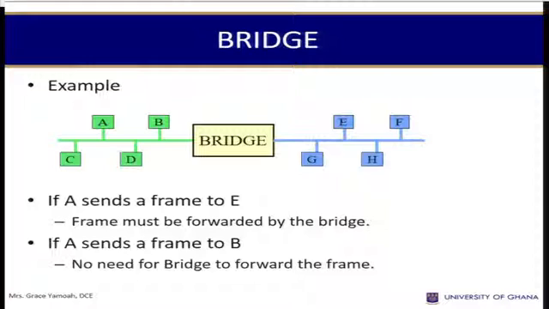So it's the bridge that will be responsible for doing this forwarding. If A sends a frame to B, no need for the bridge to forward the frame. If the frame is within one LAN, it doesn't affect the bridge. It is within the one network, a hub or any other device, depending on the topology, and it's just moved directly.